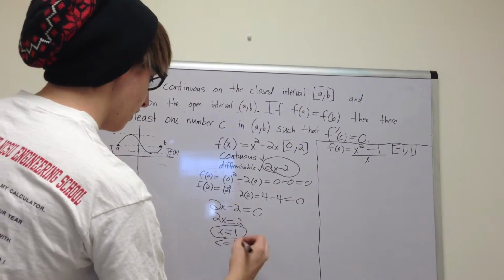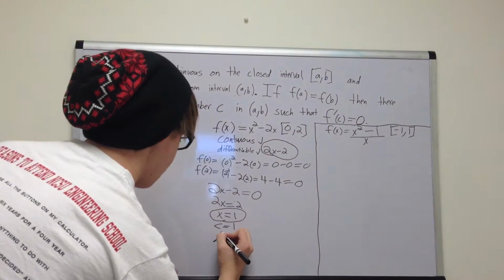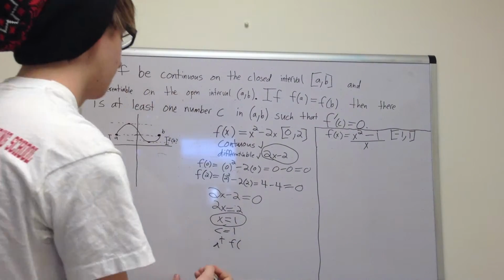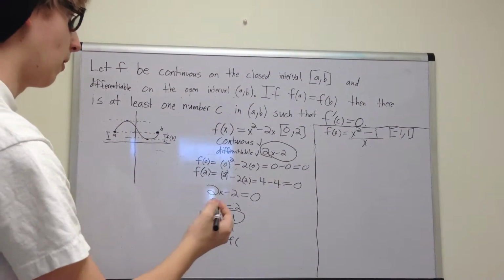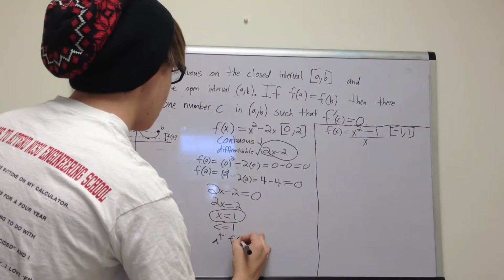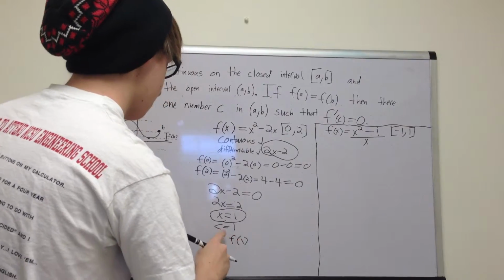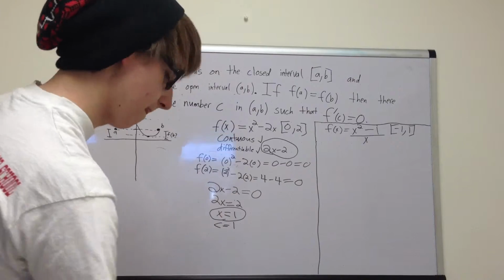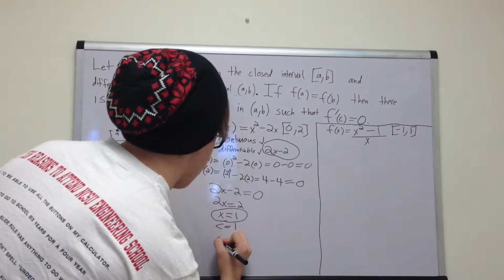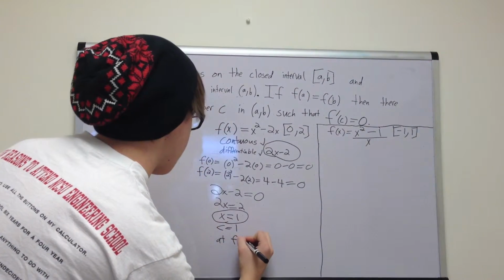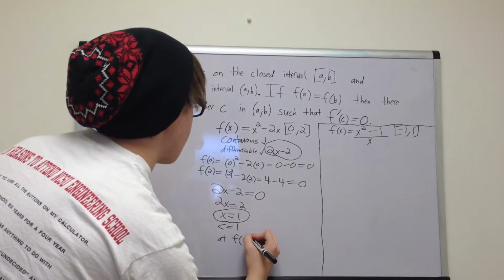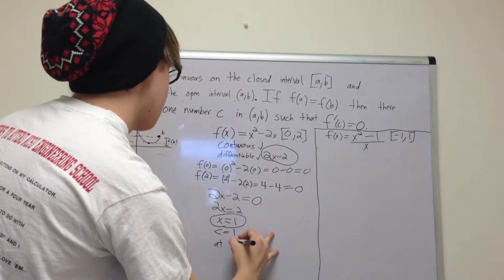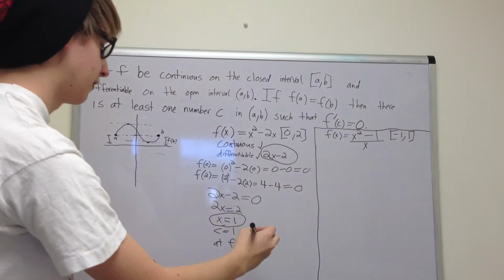So at f of 1, the slope of this is going to be 0.